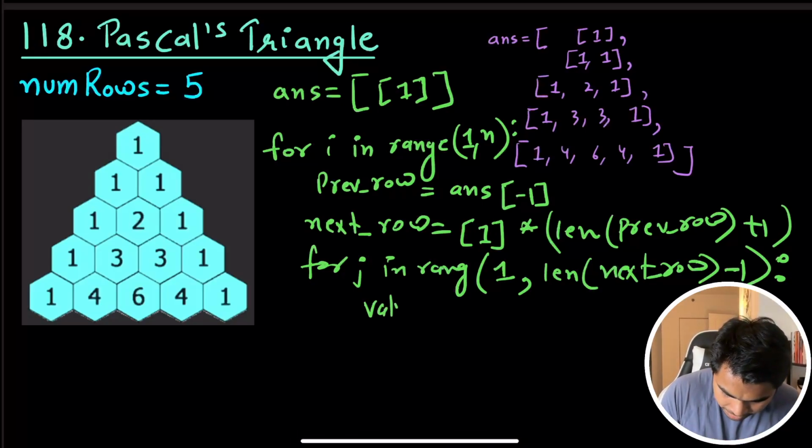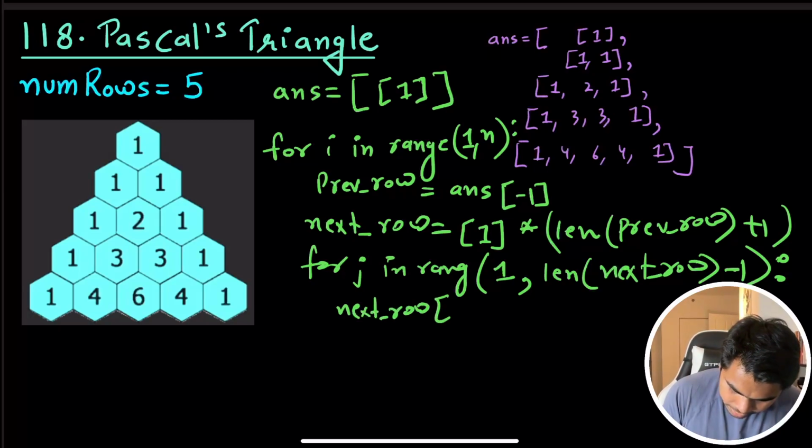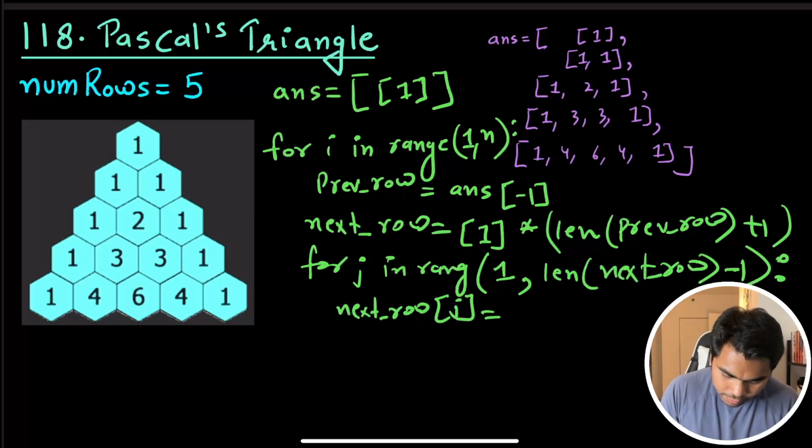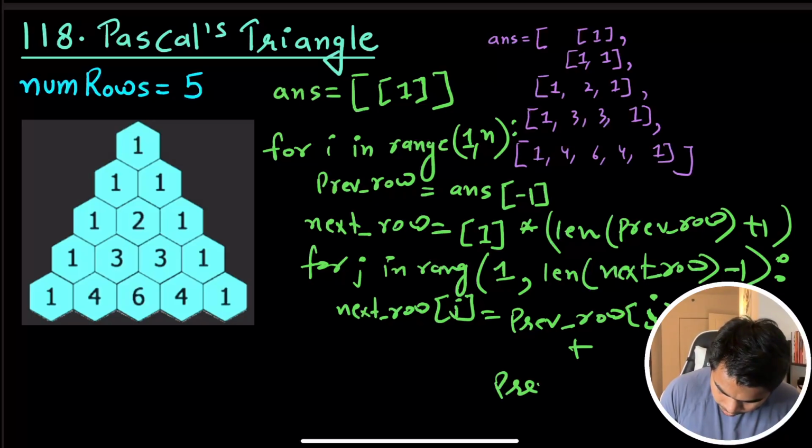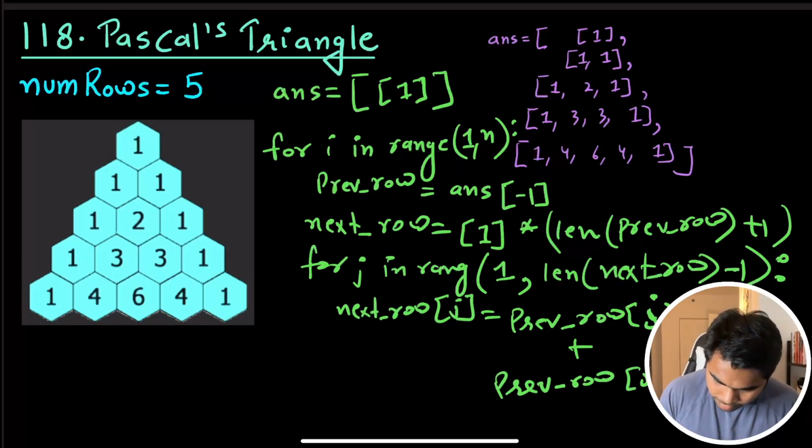I can directly fill it: next row at the jth position is going to be the sum of previous row at j and previous row at j minus 1.